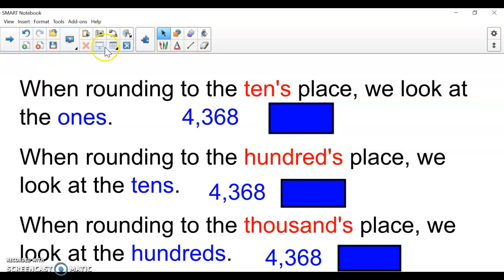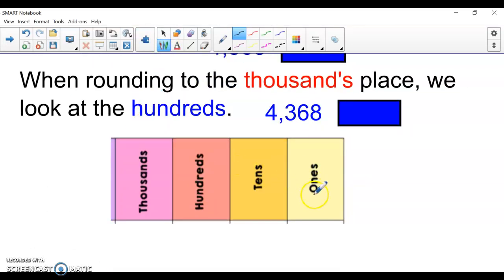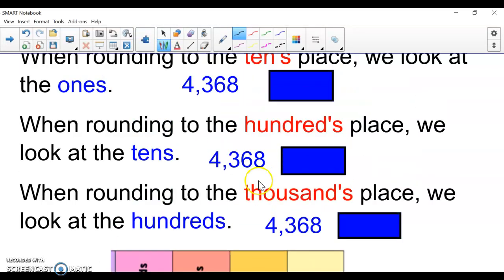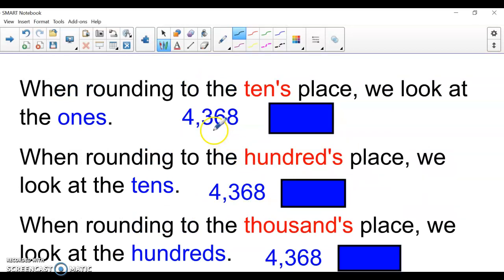We have a cheat sheet here for us. It says when we're rounding to the tens place, we look at the ones. Here's our ones and here's our tens. Find our tens. We have a 6 in our tens. Right off the bat, we know that this number is either going to stay as a 6 or go up to a 7. Those are our only 2 options. We look next door in the ones.